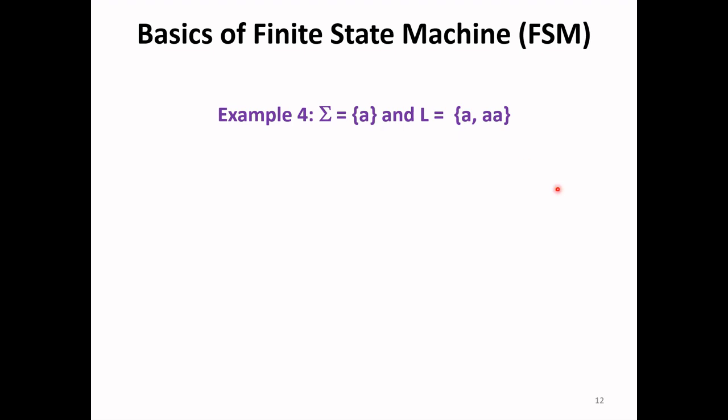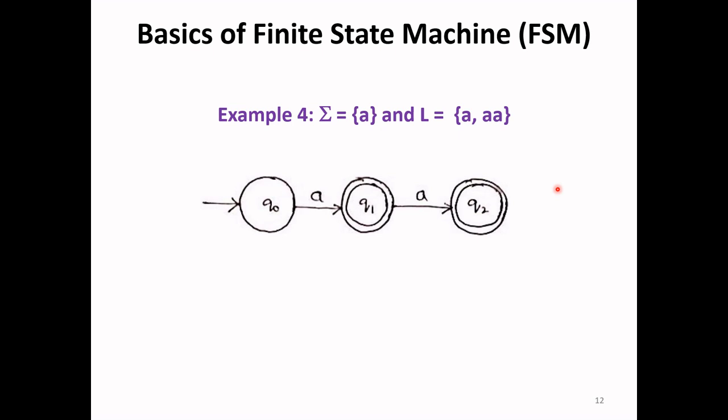The finite state machine obtained for this language is, so for a single A, initial state Q0 for one compulsory A input reaches Q1. As A must be accepted, Q1 will be the final state.